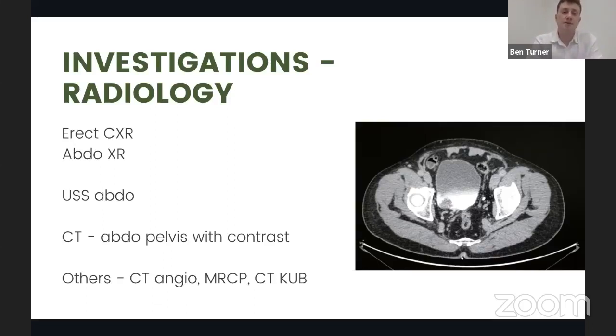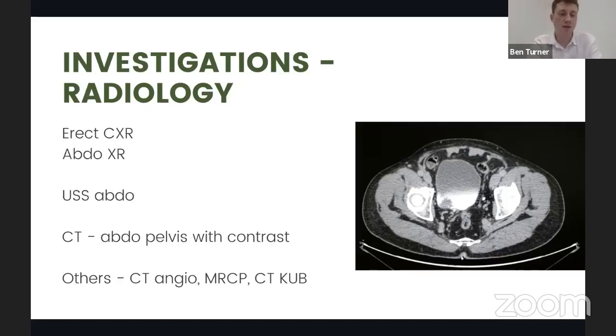The ultrasound abdomen is very helpful actually for surgical patients because it gives you information on the biliary tree and the gallbladder. It can give you a bit of information on the liver echo texture. You can sometimes see the pancreas based on the body habitus of the patient. And it's also useful for kidney and bladder and ureter pathology.